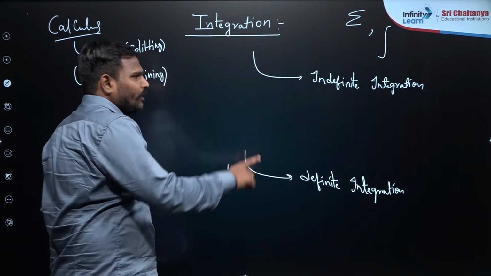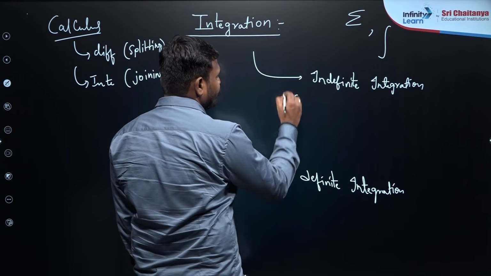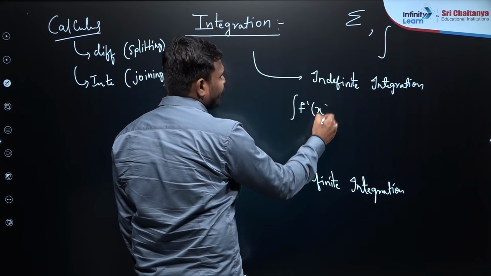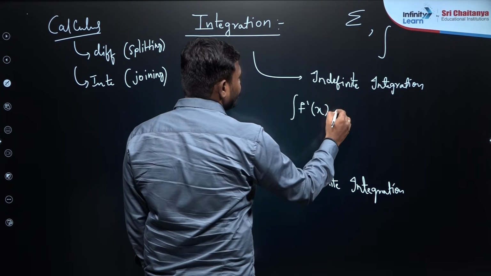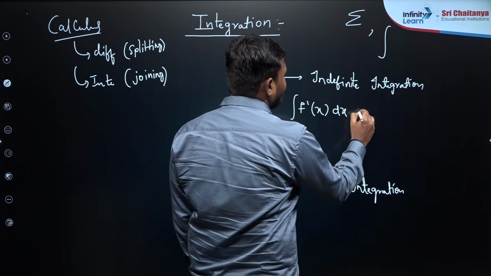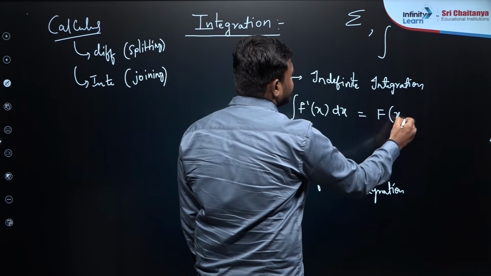Now what is happening in indefinite integration? Very simple story. We have integral of f dash of x, that is the derivative of a certain function, into dx, which is the variable of integration. After you perform this, equal to the answer, f of x.